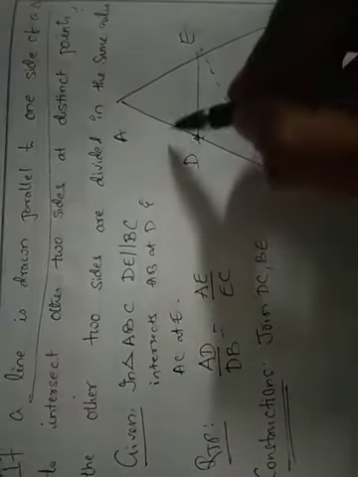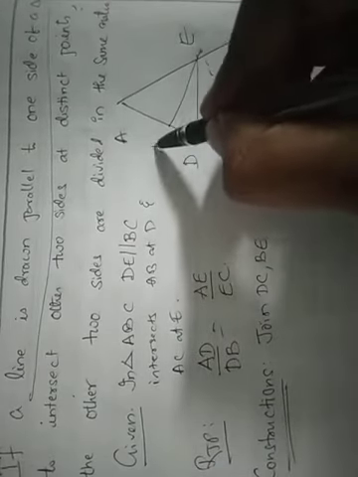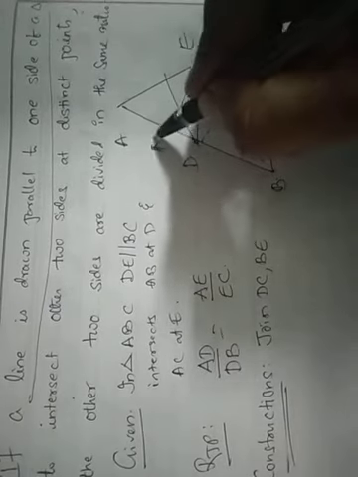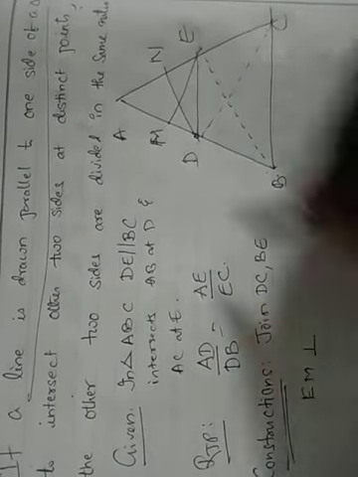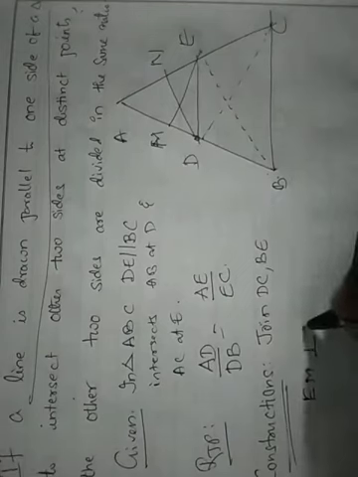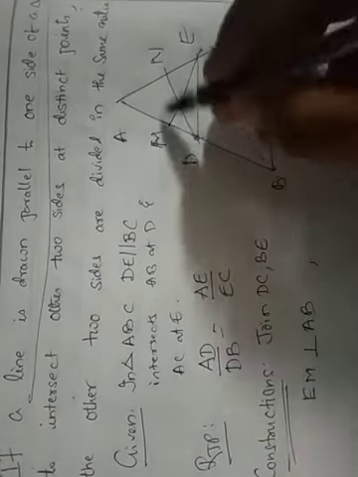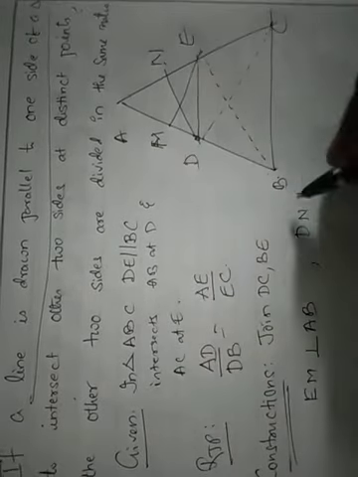So let's draw EM and DN. Draw EM perpendicular to AB, and similarly DN perpendicular to the entire side AC.